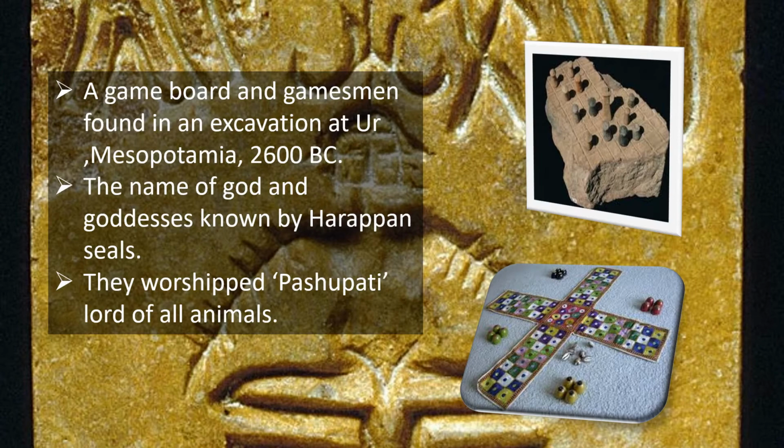Games capture the ideas and worldview of cultures and pass them on to future generations. The earliest board games seem to have been a pastime for the elite and were given as diplomatic gifts. The game boards and gamesmen were found in an excavation at Ur in Mesopotamia, dated to 2600 BC.